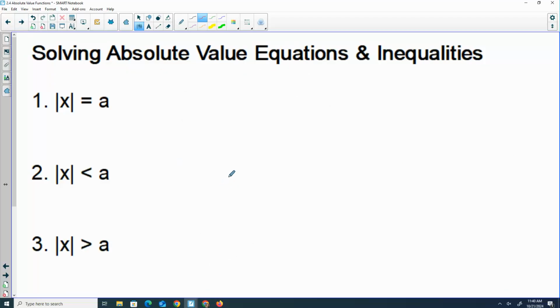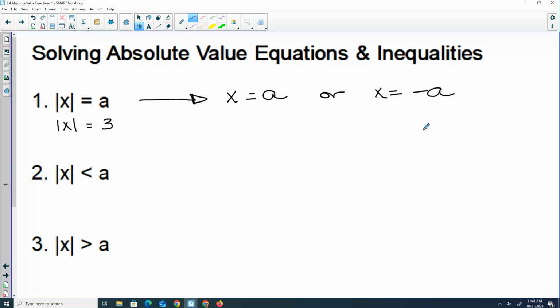So, if we have an absolute value equation, for instance, if I said the absolute value of x equals 3, what can x be? 3 or negative 3, right? So, if you have the absolute value of x equals a number, it could be that x is equal to the number, or x could be the opposite of the number.